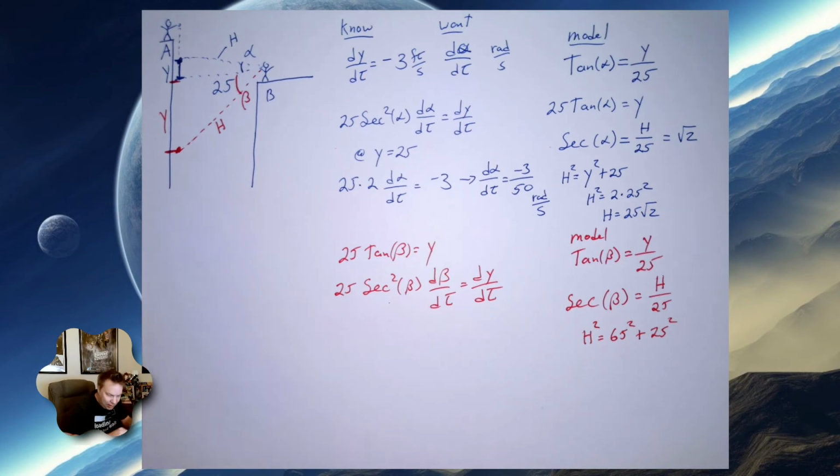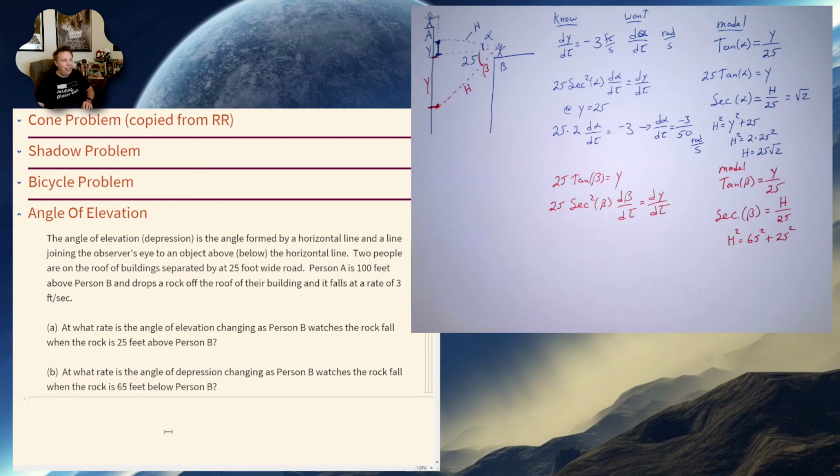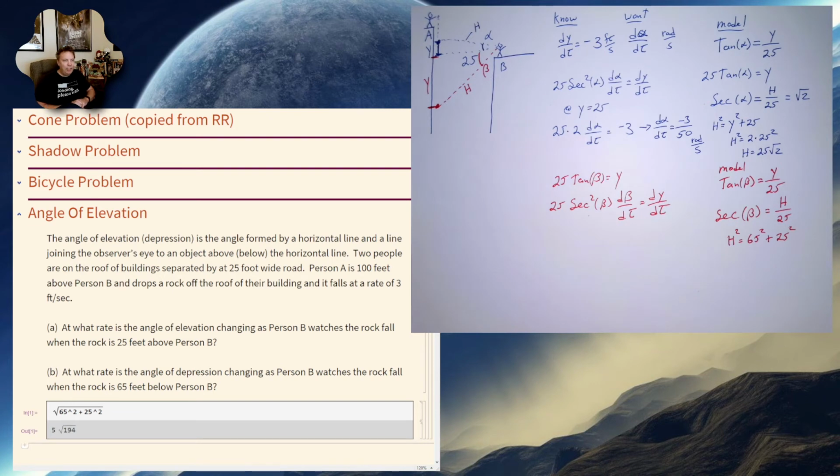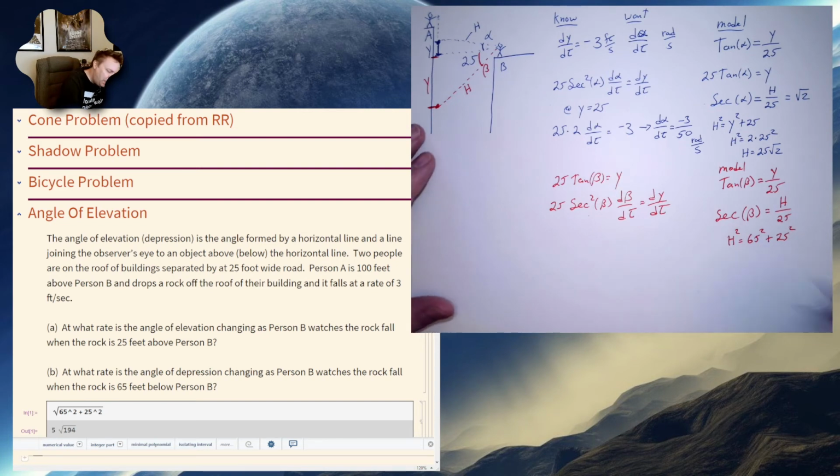So really quickly, let's go into Mathematica and do a quick little tiny calculation of this. If I take a square root of 65 squared plus 25 squared, I wind up getting 5 times the root of 194. So in this particular problem, h is going to be 5 times the square root of 194.